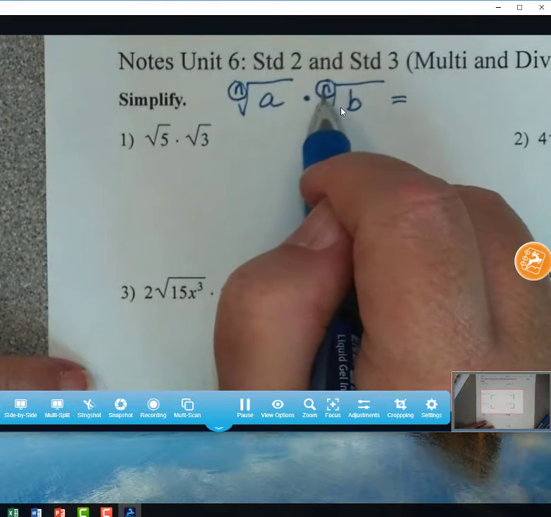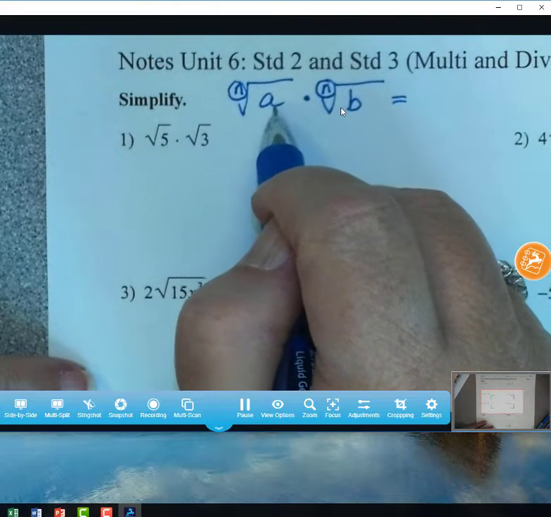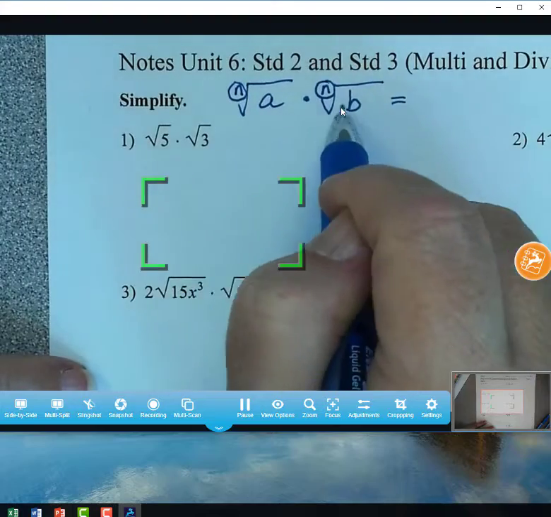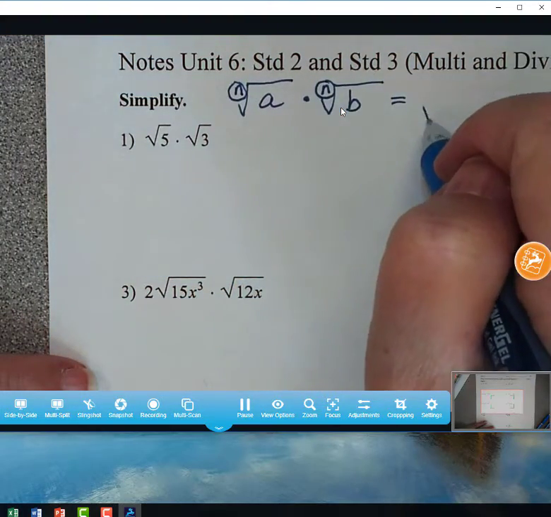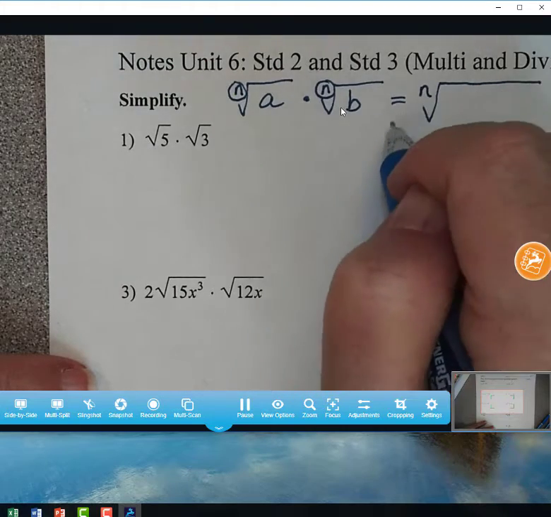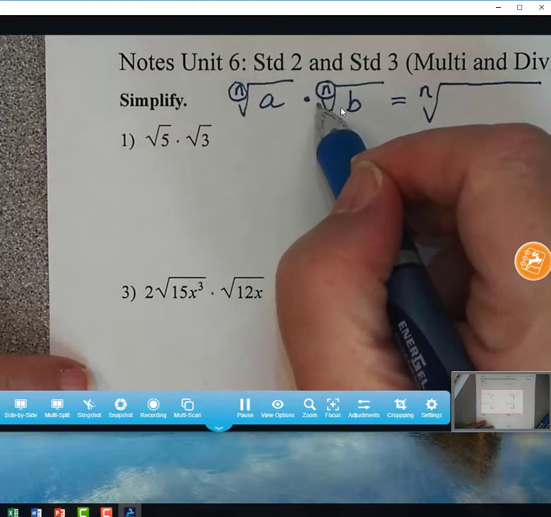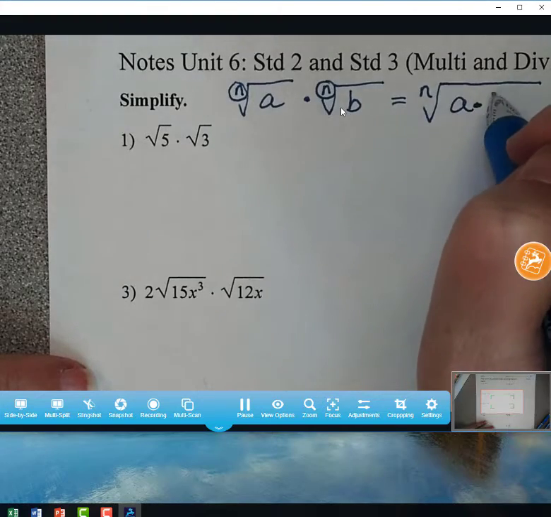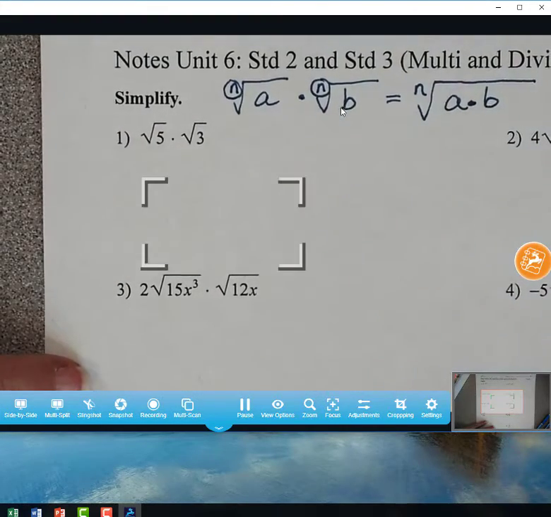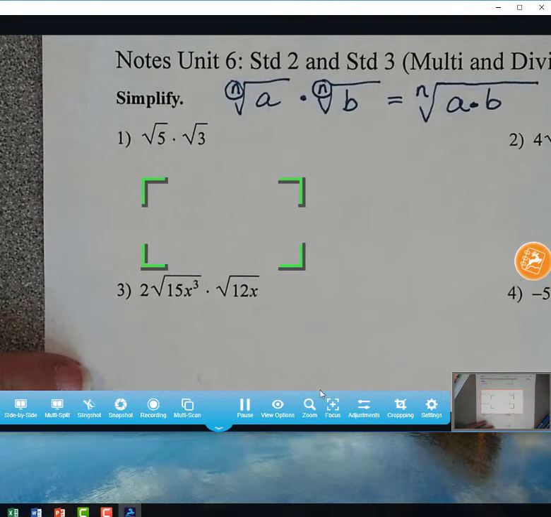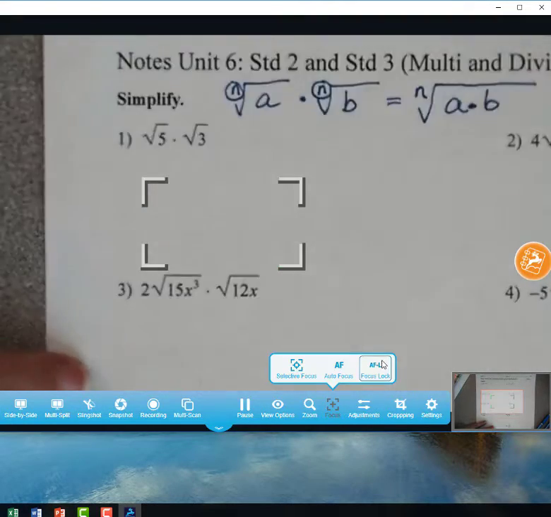If the index is the same, then I can go ahead and combine by multiplication the A and the B underneath the same root sign. So the nth root of A times the nth root of B would be the nth root of the quantity A times B.